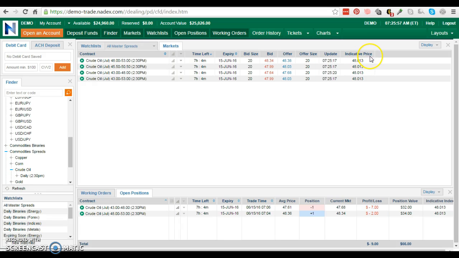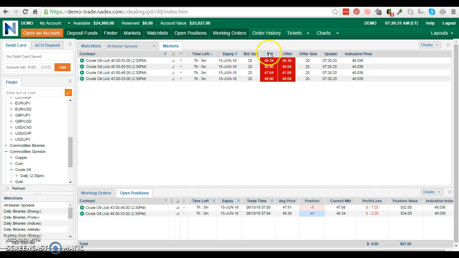It's a big word for at the money. This is where oil is trading at right now. Okay, so that's good, because what I want to do is buy the floor of the bull spread.